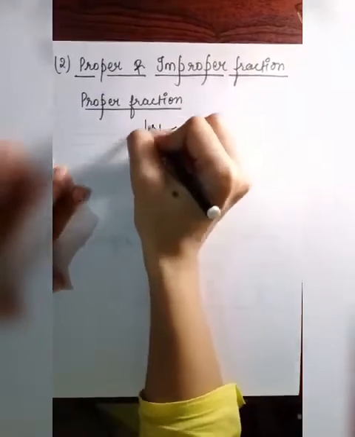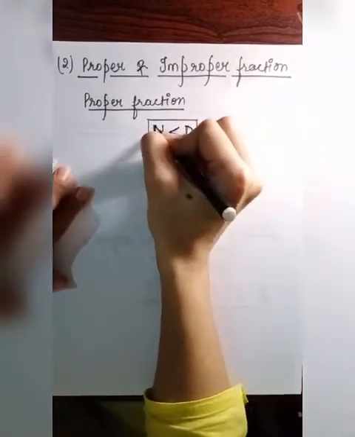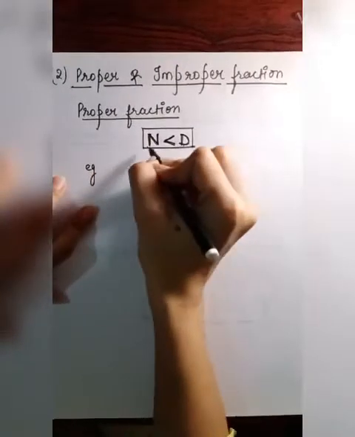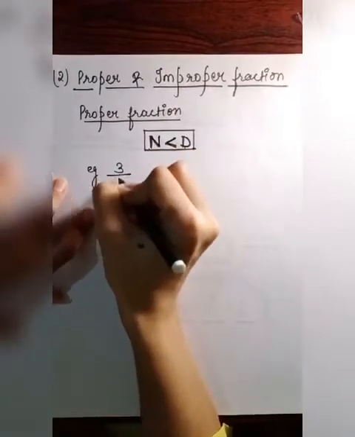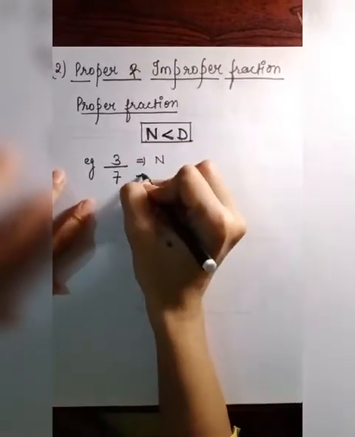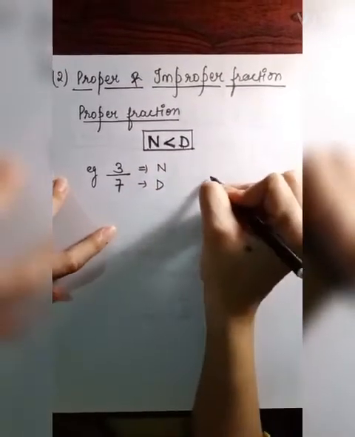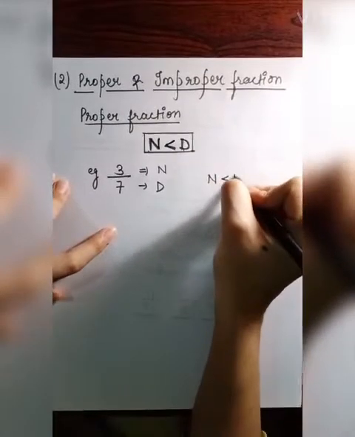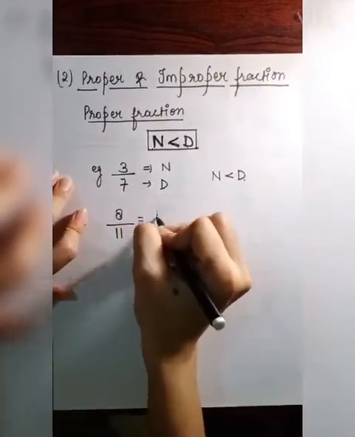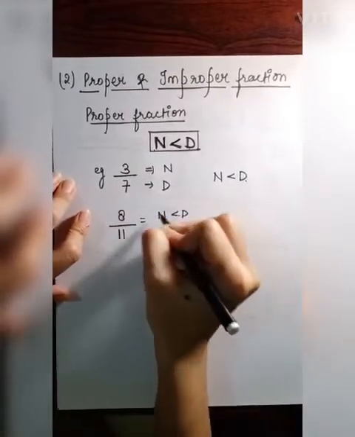Listen carefully. The numerator is smaller and the denominator is greater. For example, 3 upon 7. Here we can see that 3 is the numerator and 7 is the denominator. Here the numerator is smaller than the denominator. Second example, 8 upon 11. Here also the numerator is smaller than the denominator.